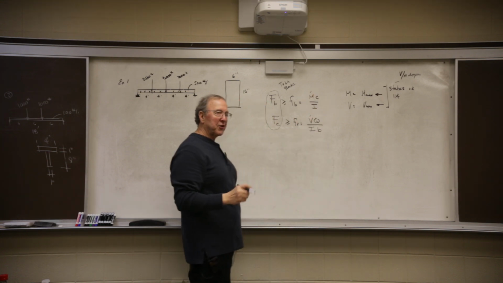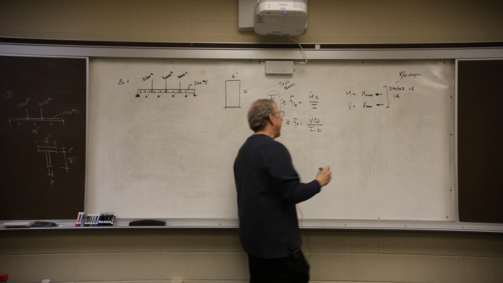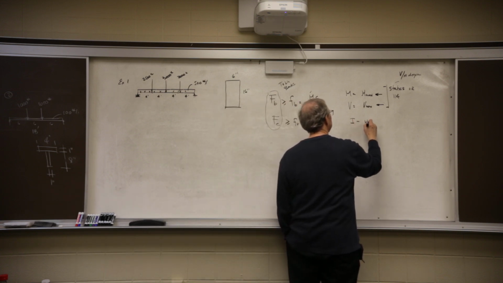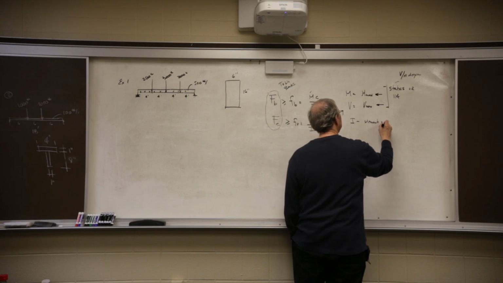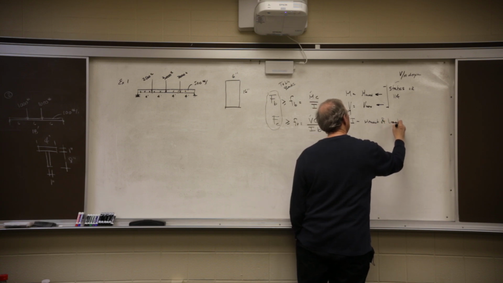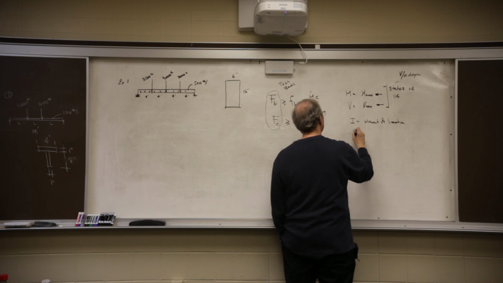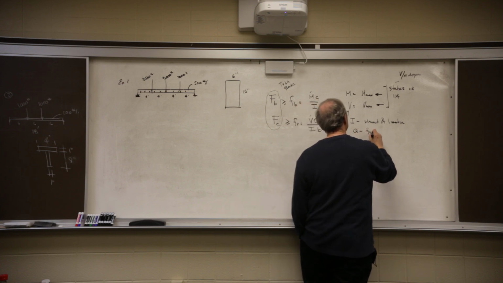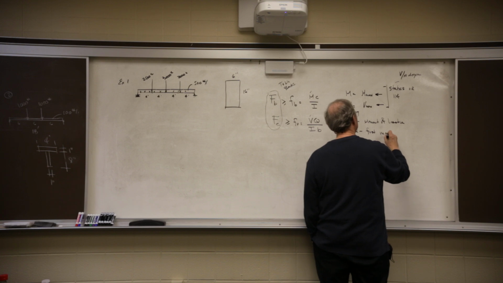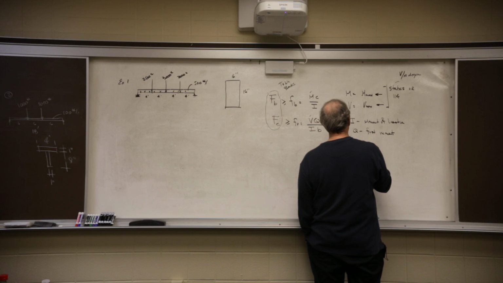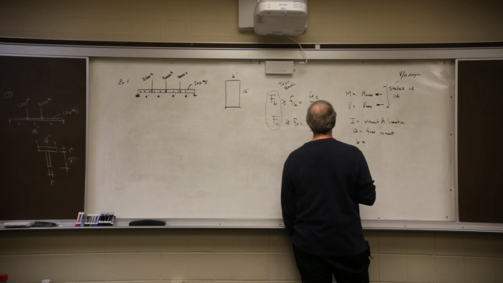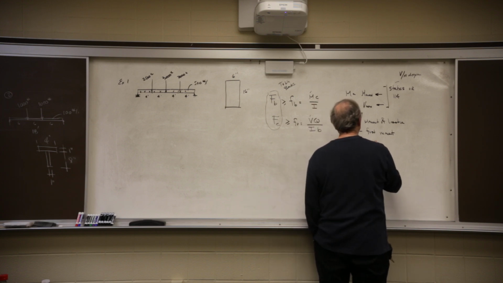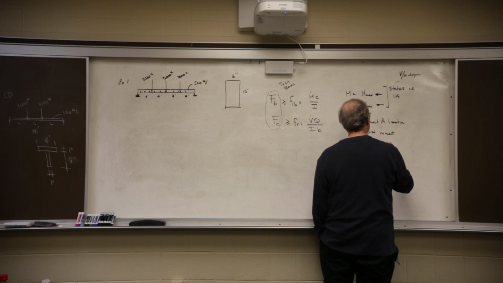All the rest are cross-sectional properties. I, moment of inertia. Q, first moment of the area about the neutral axis, or the statical moment of the area. I, moment. V, we've got. B. B is the width of material at neutral axis.